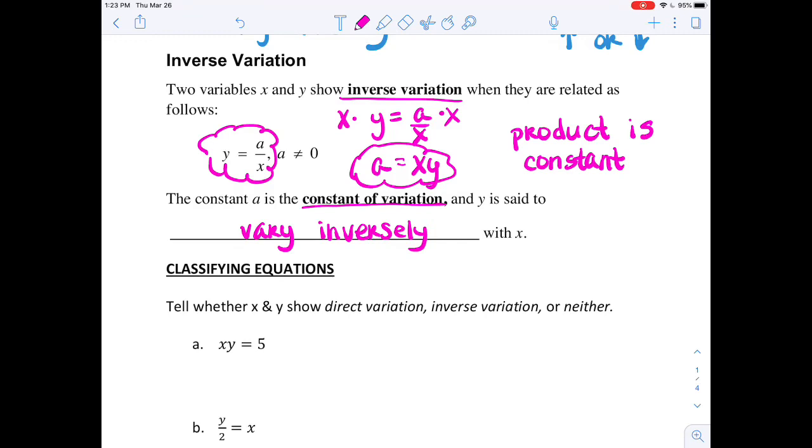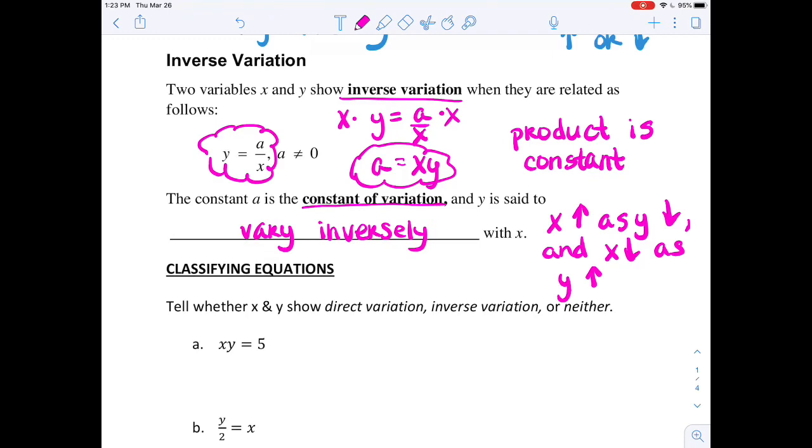And if we plug in smaller and smaller values for x, y is going to increase. So x increases as y decreases, and x decreases as y increases. All right, so that's inverse variation.